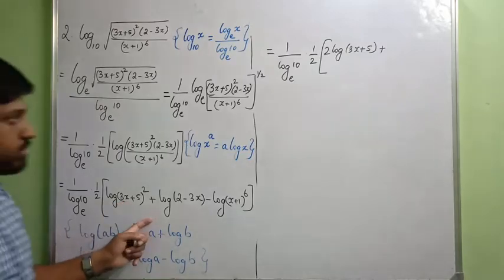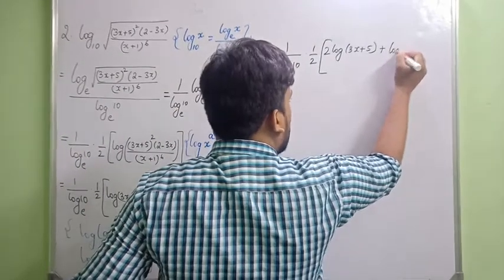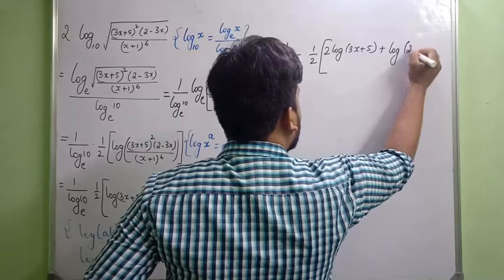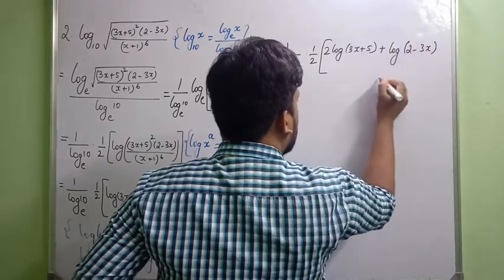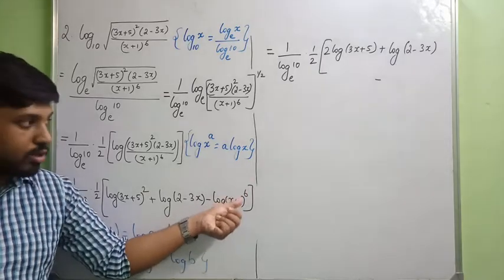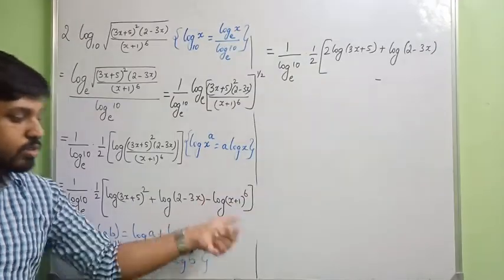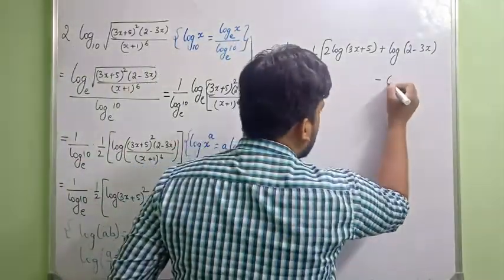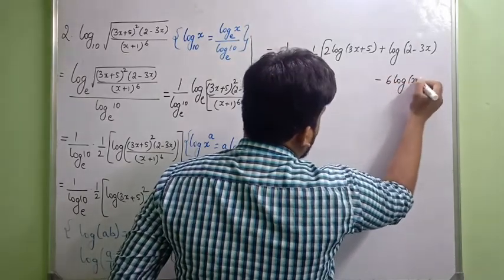Here it is as usual, that is log of 2 minus 3x, minus this one we have. Here it is power to the 6, so I will be applying this. So it becomes 6 log x plus 1.